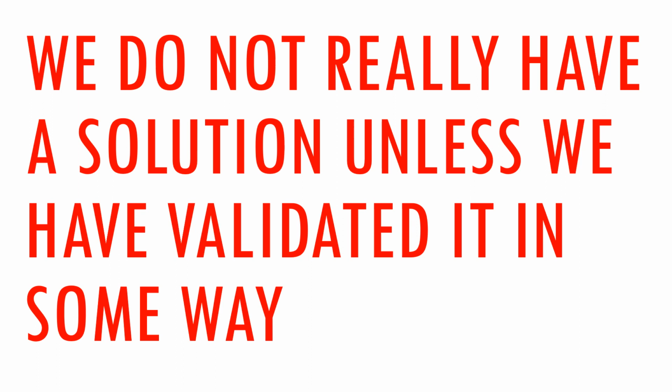We don't have a solution unless we have validated in some way. Every solution has to be validated before we can really call it a legitimate solution, because the uncertainties and errors that we discussed in the previous slide are very real.